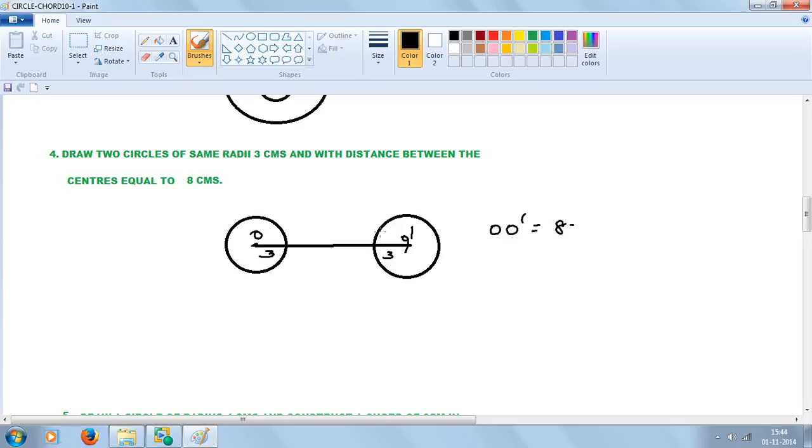From the center, we have to draw a circle of radius 3. OO dash is equal to 8 centimeters, given. So students should actually draw as per the measurement and practice, so that after drawing they can check with the scale whether the measurements are correct. Both radii, you have to mark the center clearly.